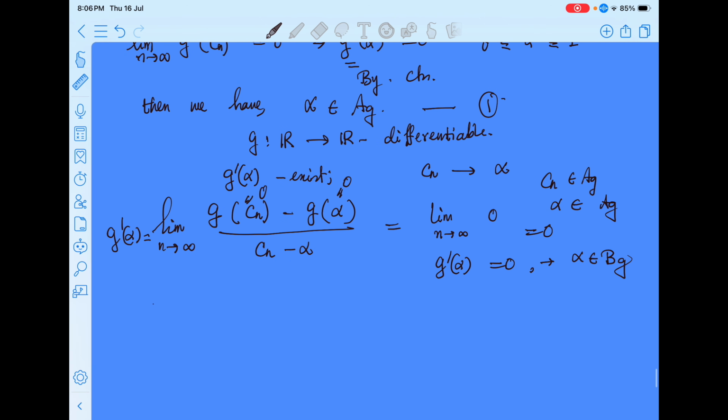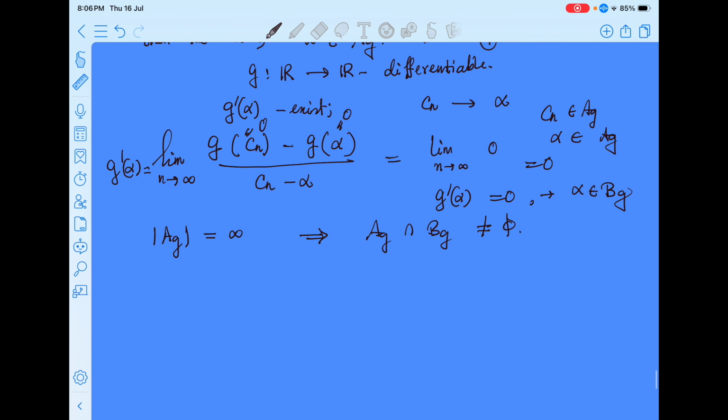So AG infinite implies AG intersection BG is non-empty. But S is a set such that AG intersection BG is phi, that will imply AG has to be finite.